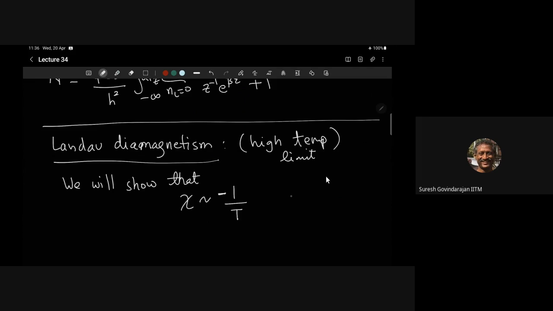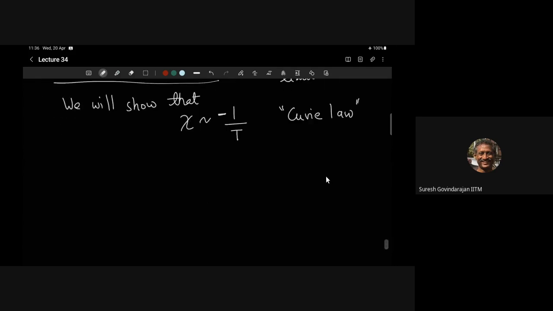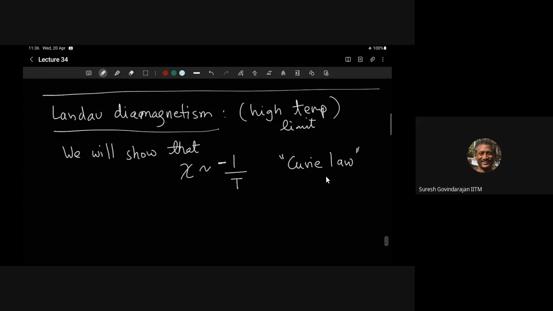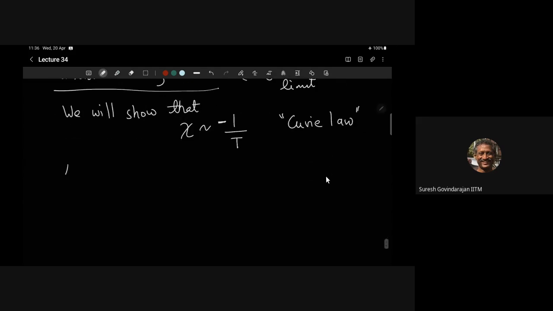So it's the Curie law: 1 by T at high temperatures, magnetic susceptibility. By the way, which Curie is referred to here? Pierre Curie. The less famous Curie. So this is what we'll prove, as T tends to infinity, or large T.